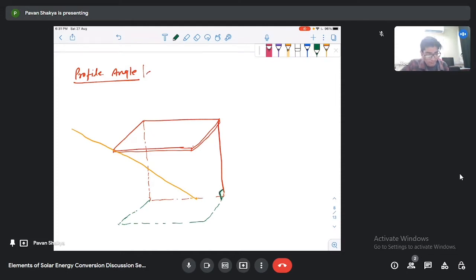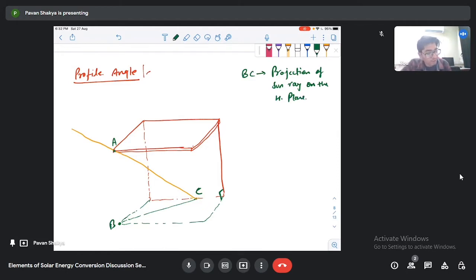Now you will see that if we project this sun ray on the horizontal plane, suppose this is the sun ray falling on a point C, and this point is A, then this is BC. What is this BC? This BC is the projection of the sun ray on the horizontal plane.